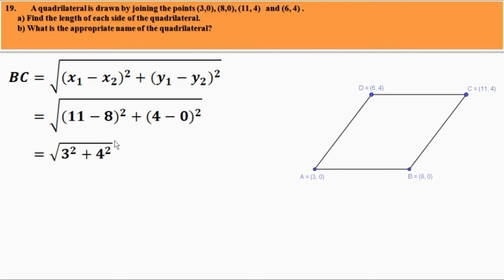So we can write root of 3 square plus 4 square. That's equal to root of 9 plus 16. That's equal to root of 25, and that's equal to 5. Here we have seen that all the sides are equal to 5. Since all the sides are equal, it is a rhombus.